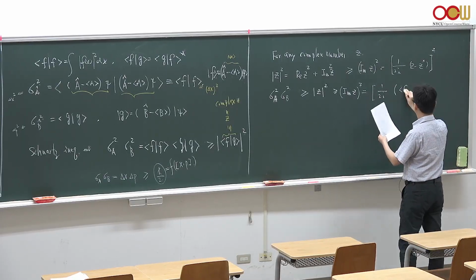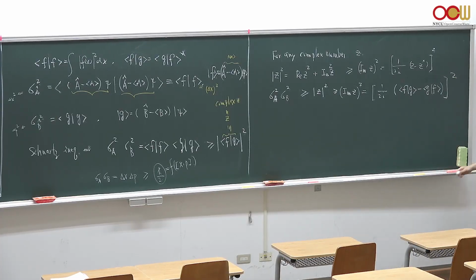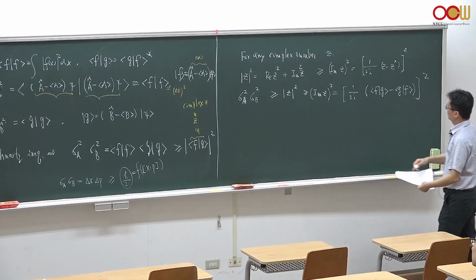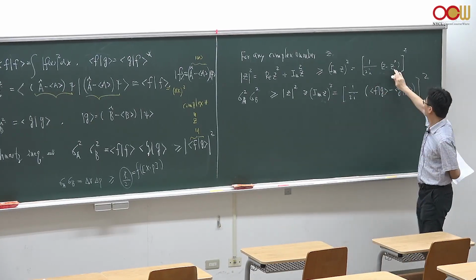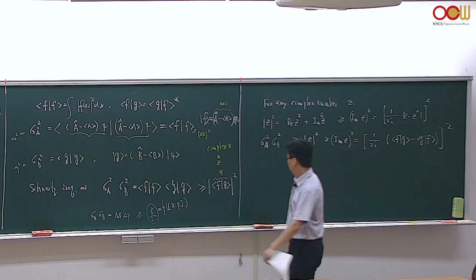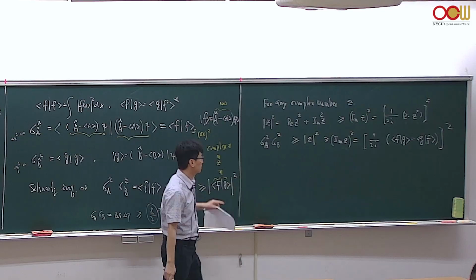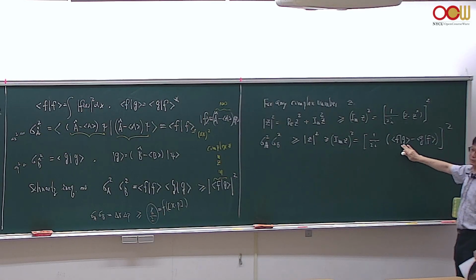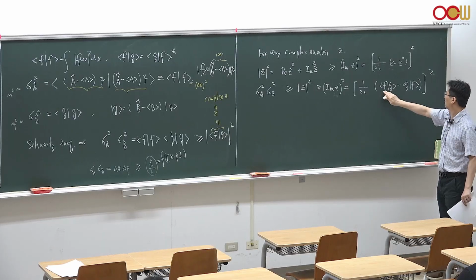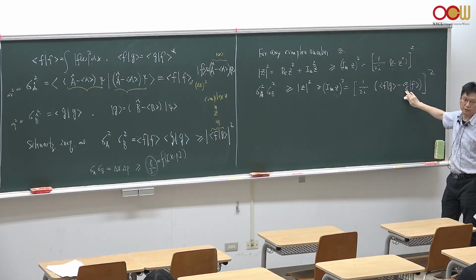If I plug in this definition of z, this is just the square of the imaginary part of z, and you plug in the definition of z, which is the projection between g and f. And so z minus z star is nothing but this g onto f subtracted from f on g, right?